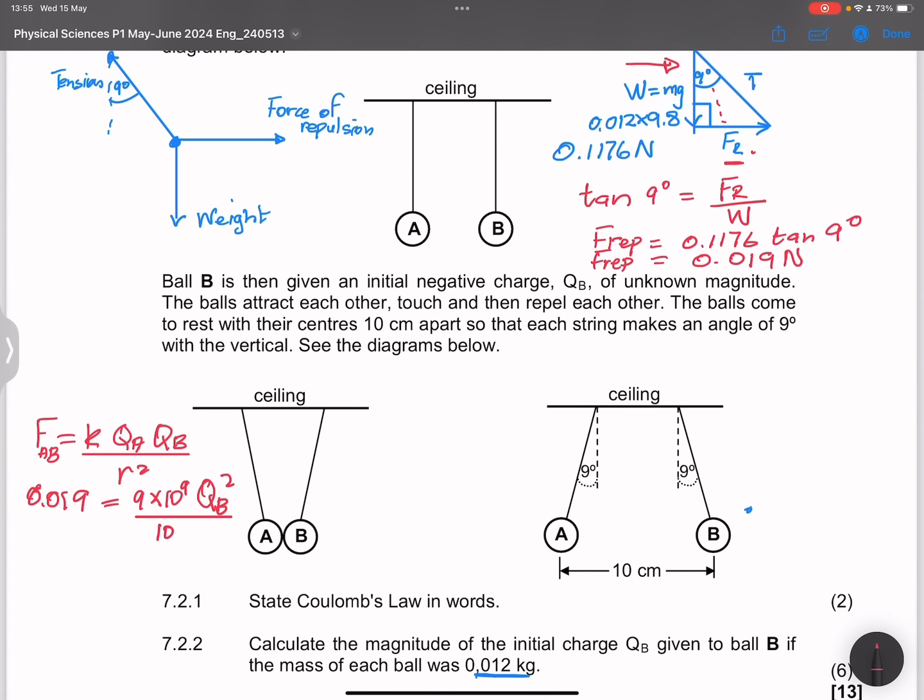Now remember, ladies and gents, you need to convert that. So that's 10 centimeters. So you can say 10 divided by 100, or you can just simply say 10 times 10 minus 2, right? So I'm going to say 10 divided by 100, which should give us actually 0.1. Okay, so that would be 0.1 squared.